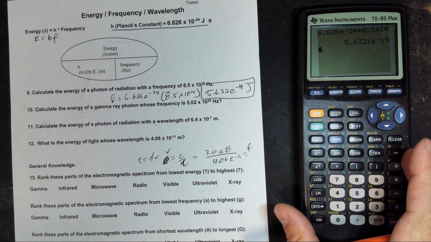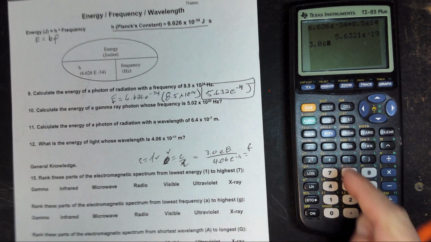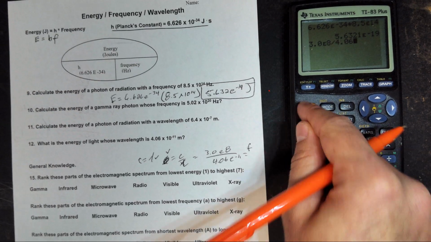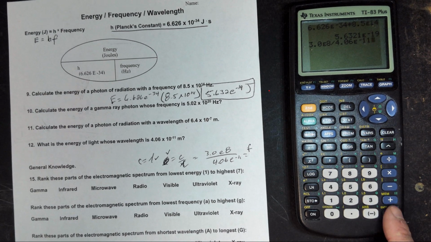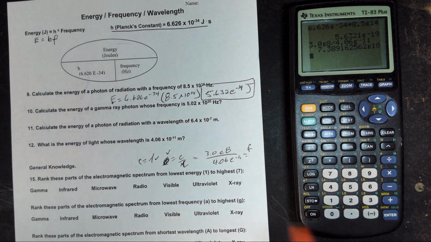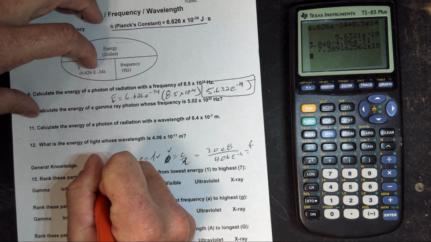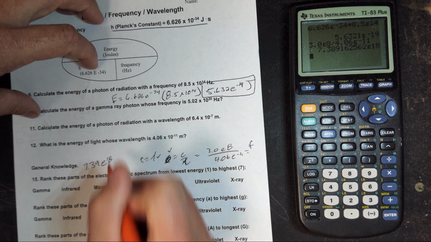So we would do 3.0 second comma to the 8th, divided by 4.06 e to the negative 11th. That gives us a frequency of 7.39, let's round it to 9, e to the 18th.